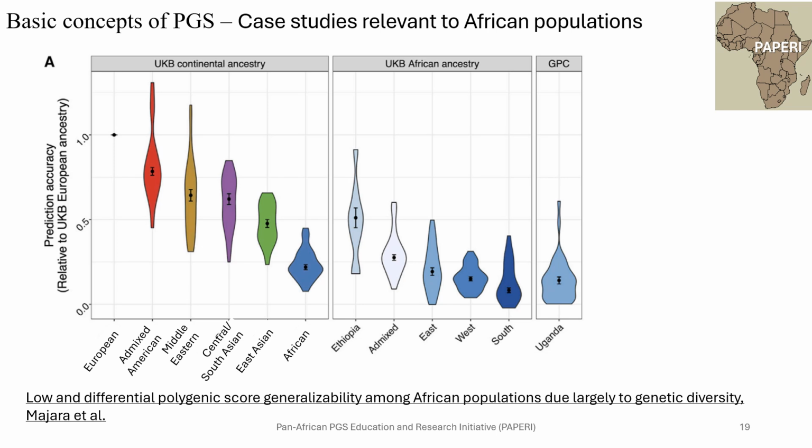So it's important to keep in mind that if there are already developed polygenic risk scores which were created in the European population, you will likely observe a drop-off in performance when applying them and assessing their predictive ability in non-European samples.